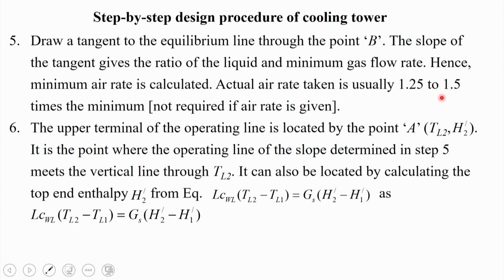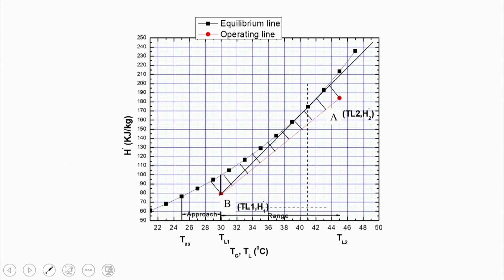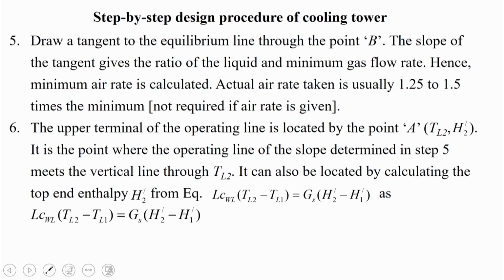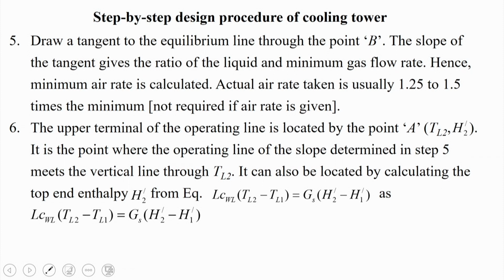Whatever slope we have determined here, that gives point A. It indicates the hot water temperature TL2 and the enthalpy value H2 prime, the top of the cooling tower condition, designated as point A. It can also be located by calculating the top end enthalpy H2 prime from the equation LCW into TL2 minus TL1, which we obtained from envelope 2, equal to Gs into H2 prime minus H1 prime.